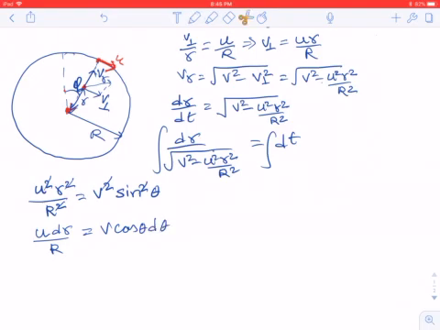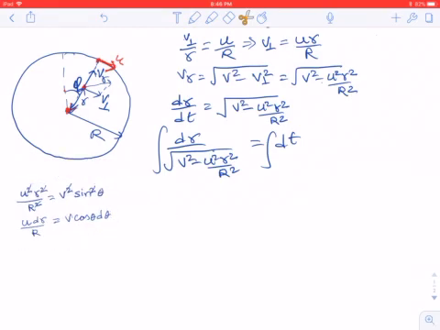Now using this, we substitute in the expression, so we would get, instead of dr, R by u into v cos theta d theta, divided by, now this term inside the square root, what should we write that as?